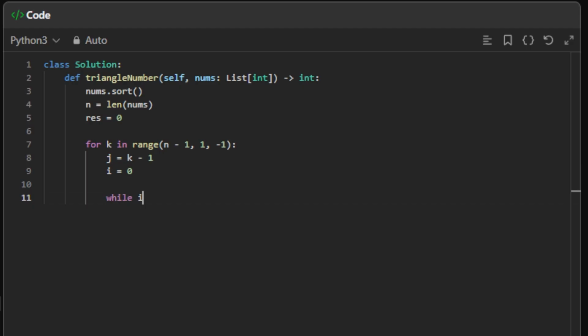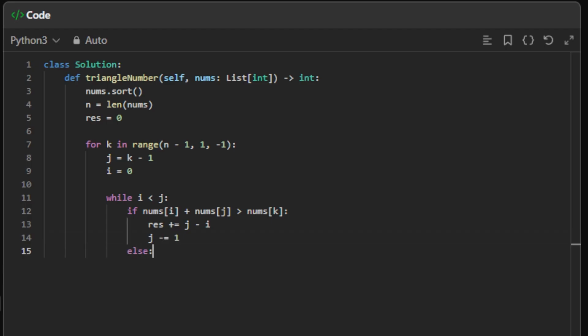And while I is less than J, we are trying the current triangle every time. So if nums I plus nums J is greater than nums k, we have a valid triangle, meaning we need to add to the result J minus I triangles, and we move the J pointer one step to the left, so J minus equal 1.